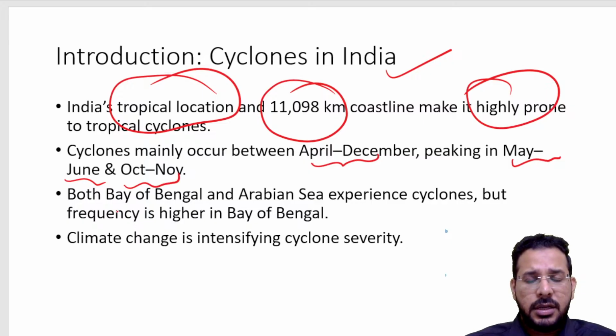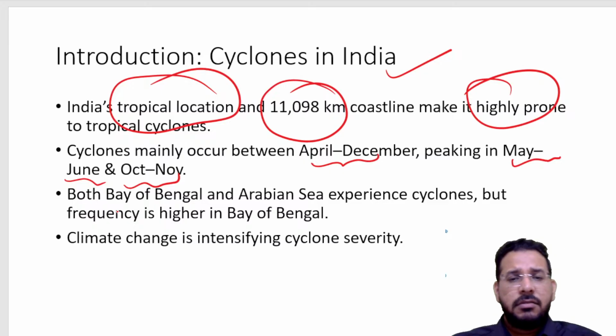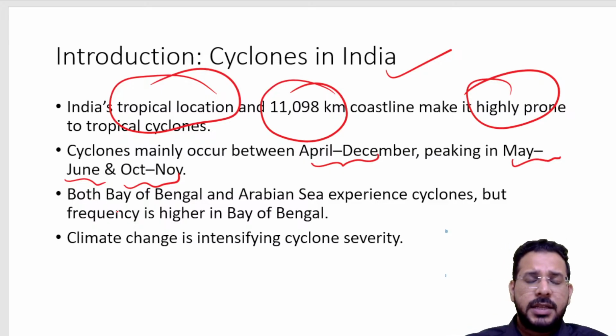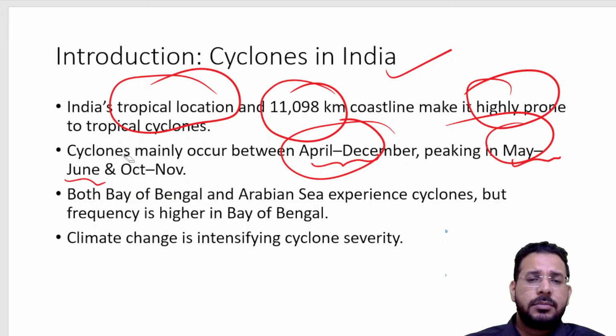Recently, till yesterday, we received rains in Hyderabad and the Telangana region because of cyclone Montha. So these cyclones are majorly seen in the months of May to June and October to November. We see cyclones in India.